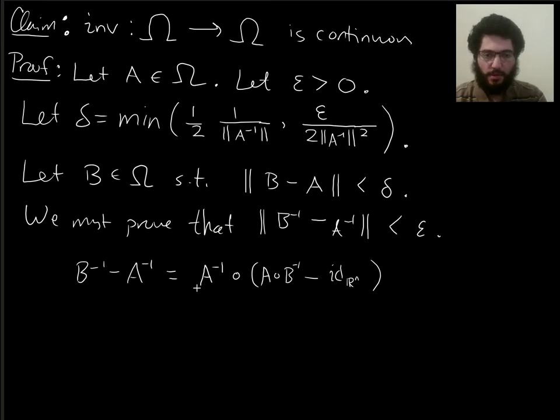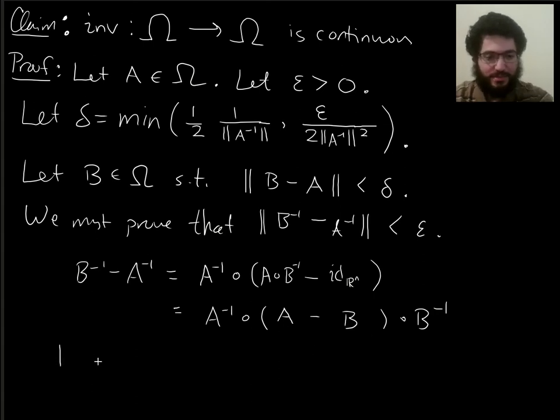Now I can pull out a B inverse on the right, just like that. Then this becomes just A, and this one becomes B. And look, I've got A minus B here.